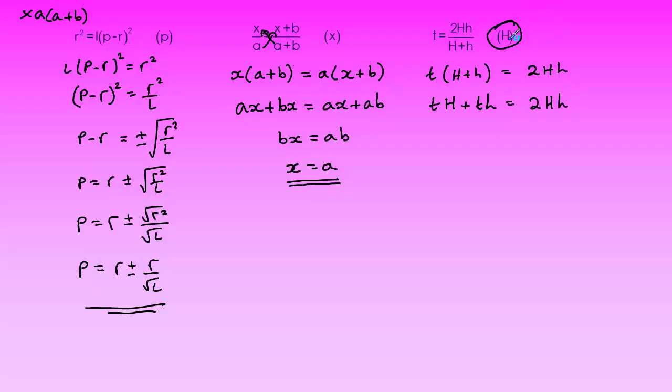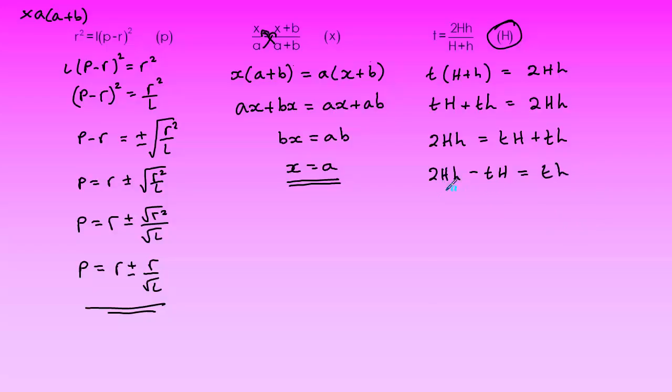Now we're trying to get capital H, so we only want terms that have capital H on one side of the equation. Now I'm just going to rewrite this one as 2Hh is t capital H plus t small h, like so. And then I'm going to subtract t capital H from both sides. So 2Hh minus t capital H is equal to t small h.